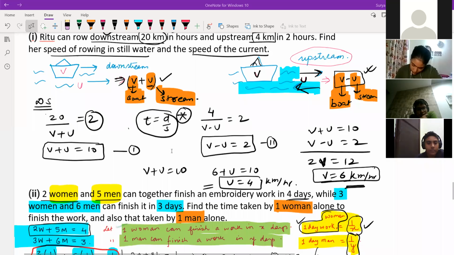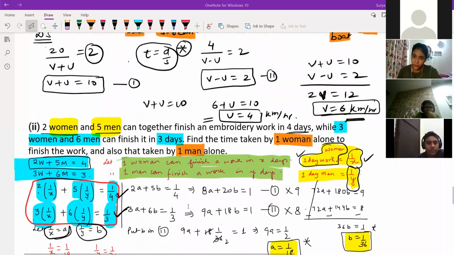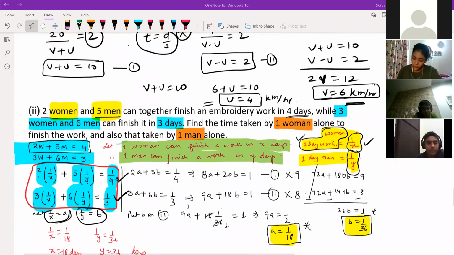Sai Ritvik, what is the answer? Sir, I got the answers. What is the answer?